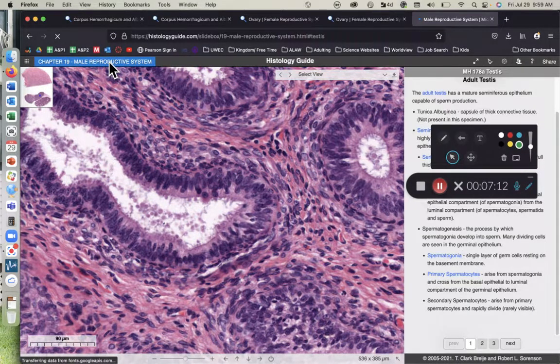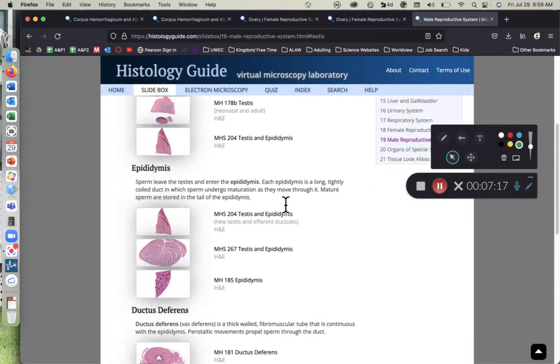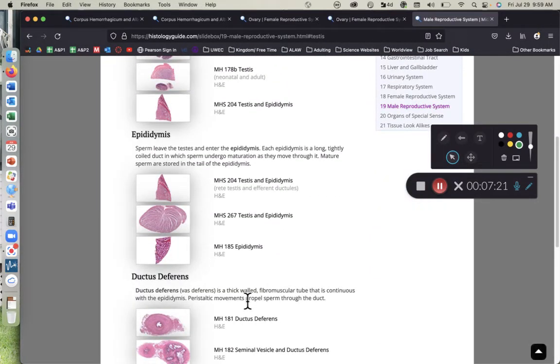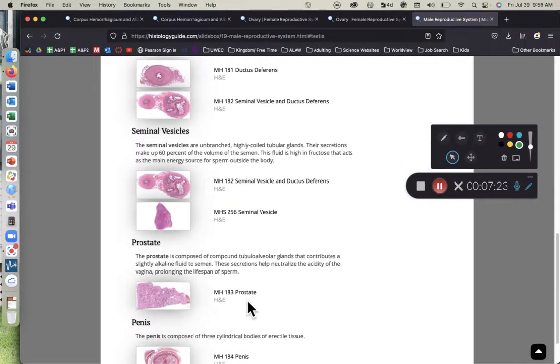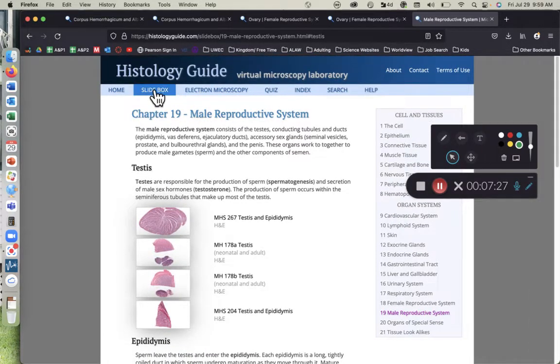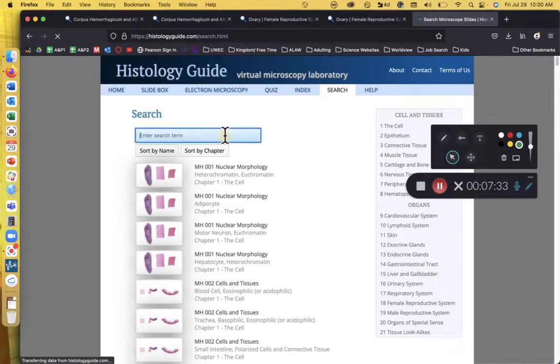Oftentimes, we'll look at a different view of the male reproductive system. Let's pull up... normally there's a sperm cell. So I'm just going to go ahead and go to the search option and type in sperm.